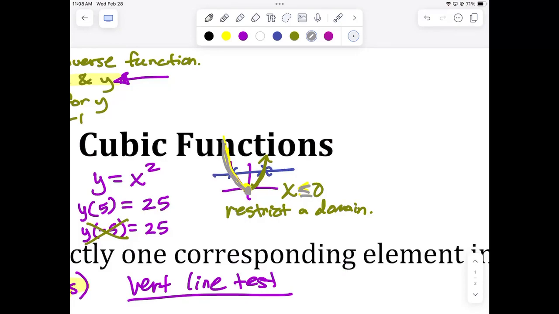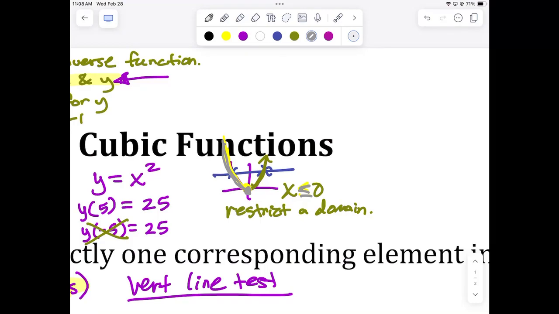So if I send them a 25, they know it came from a negative 5 instead of a 5. I could have done that. But most people are not evil like that. Most people tend to focus on the what? Hopefully, the positive. And so we would restrict that to x is greater than or equal to 0. But to answer your question, it works just as nicely if you choose x is less than or equal to 0.